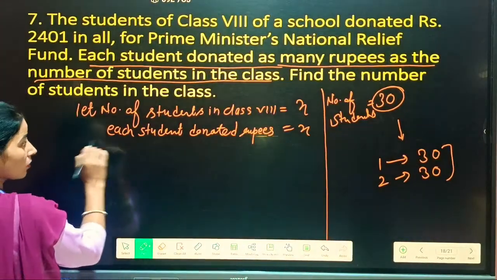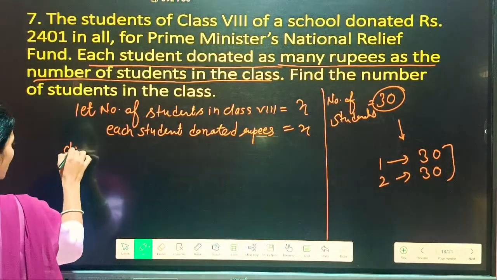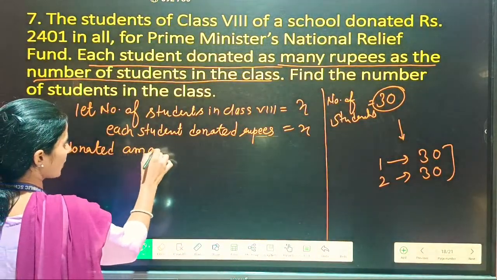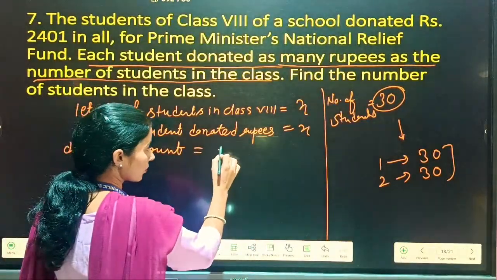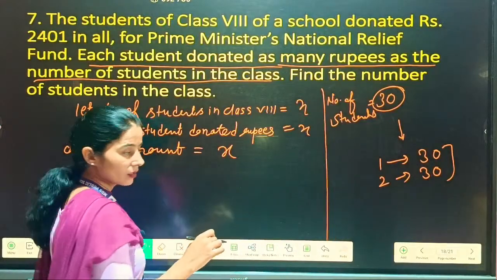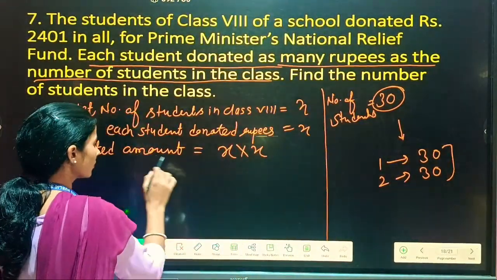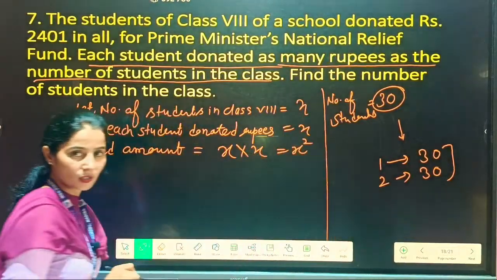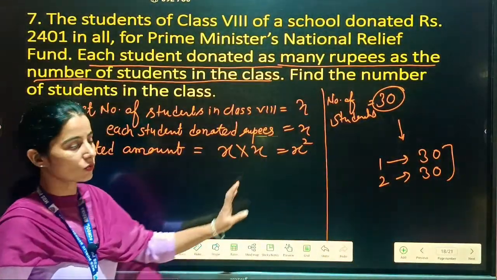Now, the total amount donated, you will write donated amount. What will be your donated amount? One student is donating X and they are X in number. So the amount of donation is X into X, X square.